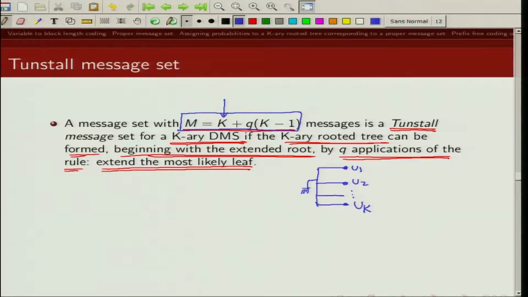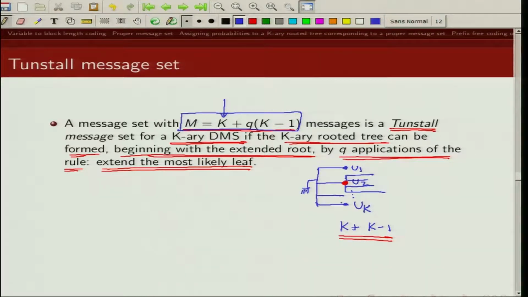Now when I extend any of these leaves, let's say I am extending the leaf corresponding to U2, then I am creating K new leaves. However, this was earlier a leaf, it has now become a node. So the number of leaves at this point is K plus K minus 1, because I am creating K new leaves, but this particular node was earlier a leaf. So now my total number of leaves is K plus K minus 1.